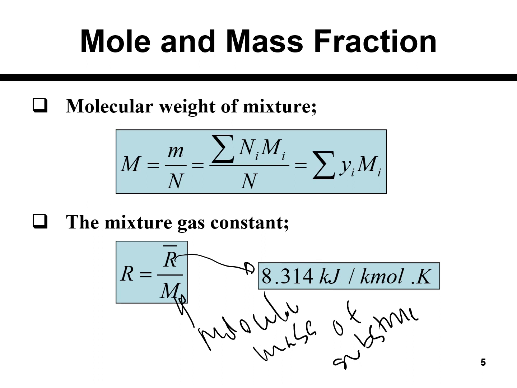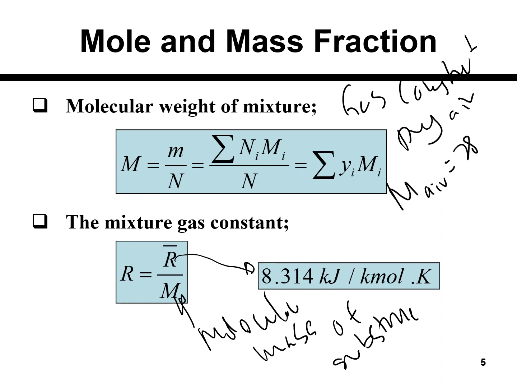If you want to calculate the gas constant for dry air, the molecular mass M for air is 28.97 kilogram per kilomole.